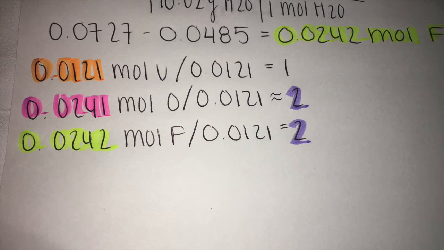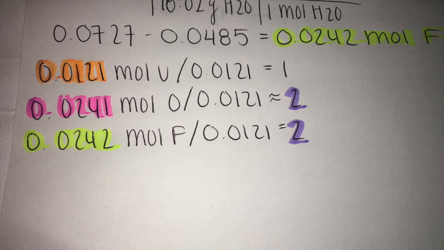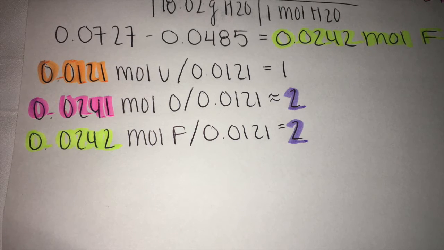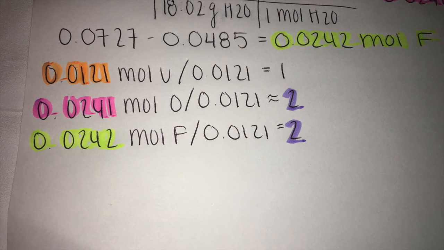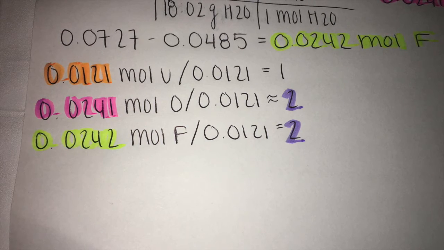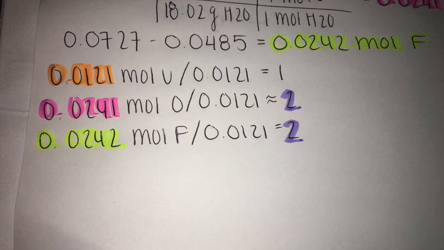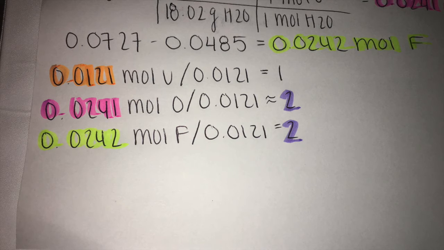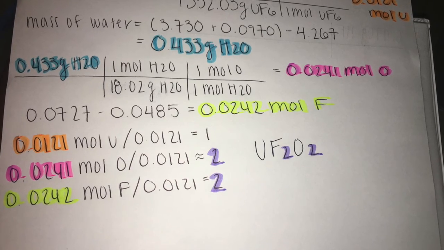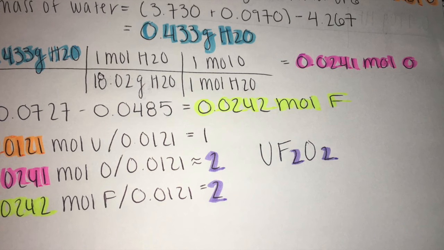However, since we already have moles of each element, we skip the first step of dividing by molar mass. We go on to the next step of dividing by the smallest value. In this case, it's 0.0121. Once we divide each number by 0.0121, we get 3 whole numbers, 1, 2, and 2. These numbers become the subscripts for our formula. So the formula of the unknown solid compound is UF2O2.